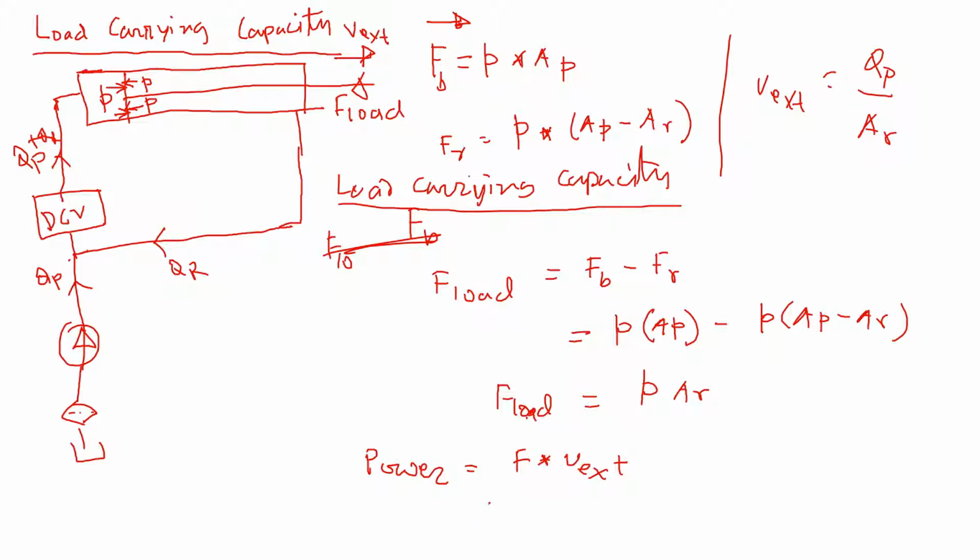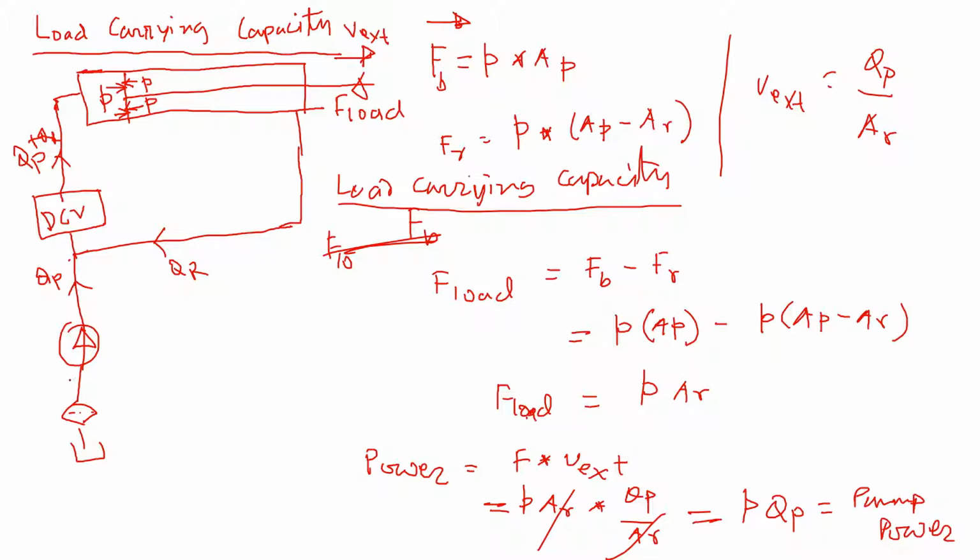So if we replace that here, the force is replaced by P times AR, and the velocity of extension is replaced by QP by AR. So AR cancels, and we have P times Q pump, which is basically the horsepower of the pump, the pump power.